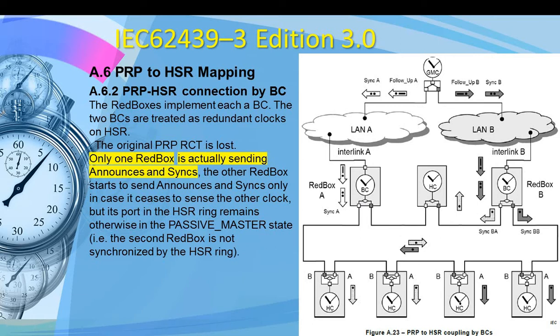This means only the boundary clock running in active mode will forward the PTP message from the PRP network to the HSR network.